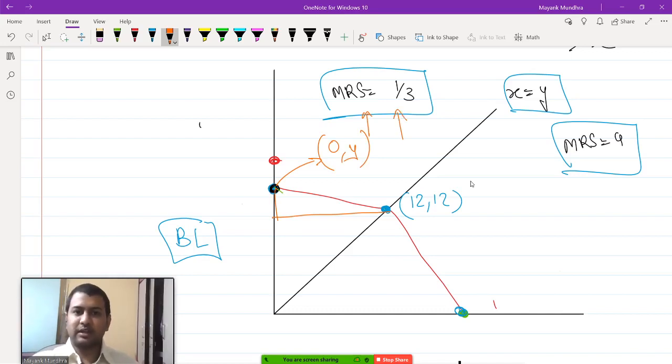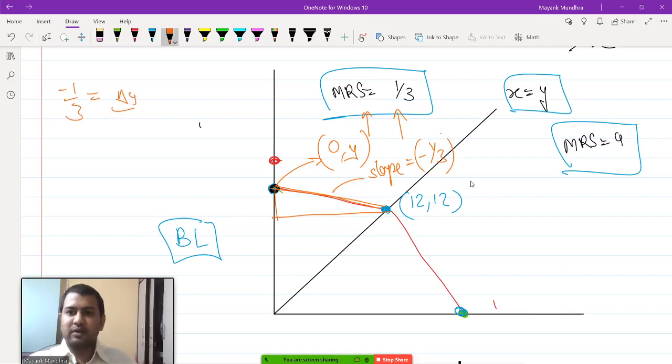MRS is 1 by 3, which means that the slope of this red section will be equal to minus 1 by 3. So I can write minus 1 by 3 is equal to delta y by delta x, which is equal to 12 minus y upon 12 minus 0, between these 2 points.